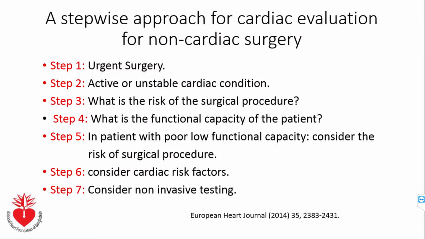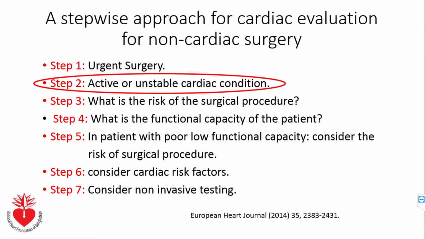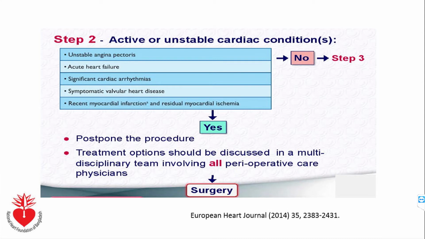to step 2. Step 2 is whether the patient has an active or unstable cardiac condition. What are the active and unstable cardiac conditions? They are unstable angina, acute heart failure, significant cardiac arrhythmias, symptomatic valvular heart disease, and recent myocardial infarction.